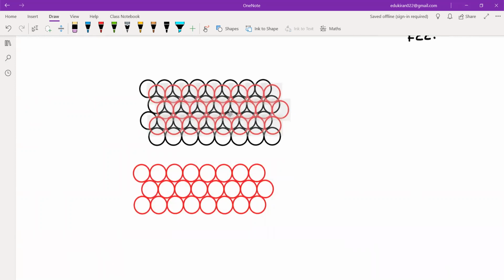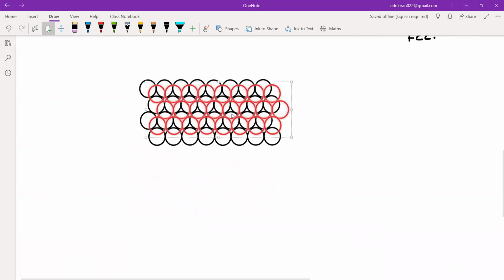So we have put it here. Let me place it in a better way. Yeah, right. So I have got it somewhat. Okay, fine. Now I will place the atoms on the new voids that are created.